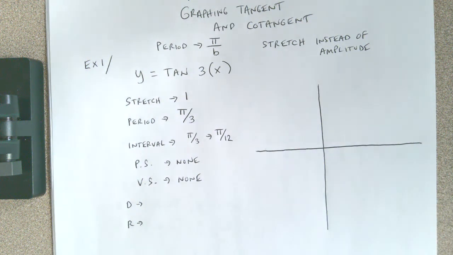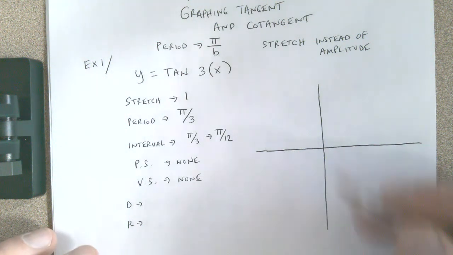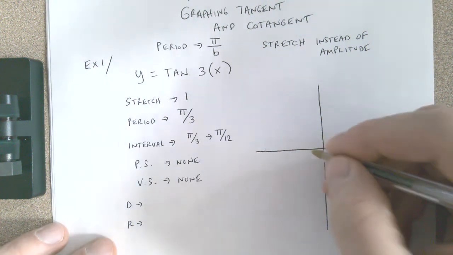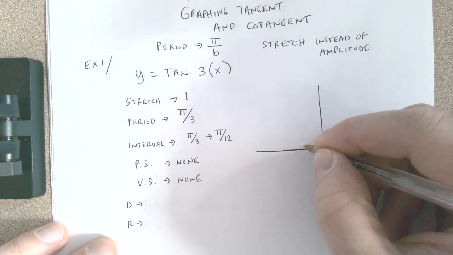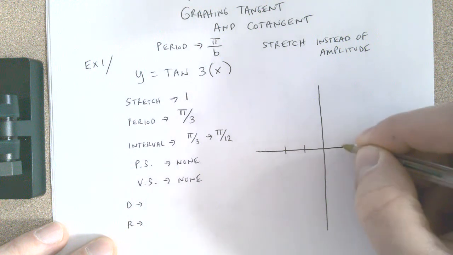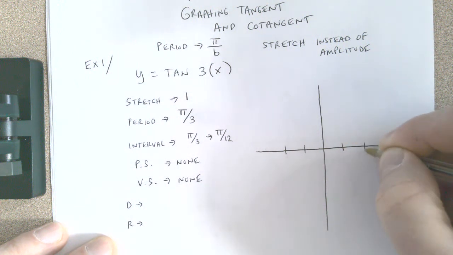Now, there are a couple of main differences between tangent and cotangent. With tangent, it kind of splits the y-axis. So if we don't have a shift, the best thing to do is put 2 marks on each side of the y-axis.